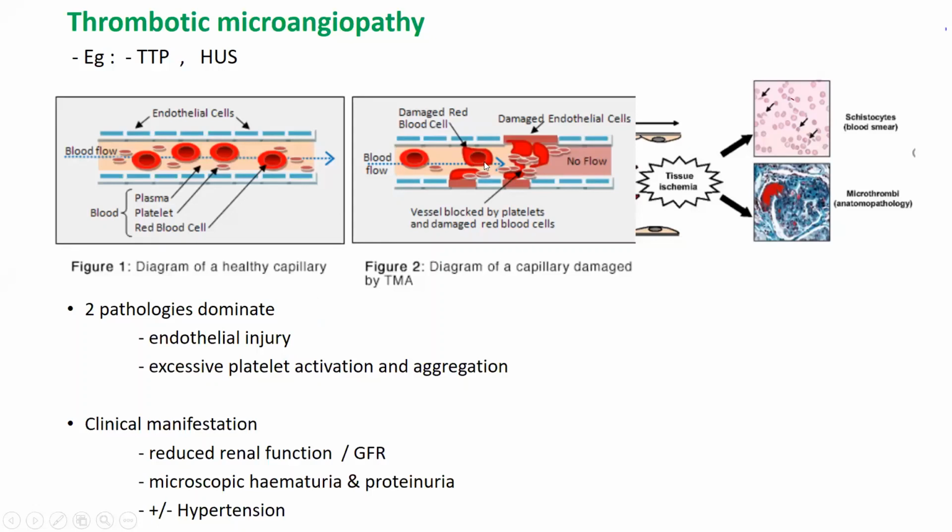So you call it thrombotic microangiopathy, and you can imagine when these blood vessels get blocked with these clots, the blood supply distal to that is going to get cut off. So all the tissues that are being perfused beyond that get affected. Thrombotic microangiopathy commonly affects kidneys because the blood supply is so much and you have very small blood vessels within the kidney. It can very easily get affected. And clinically, this can manifest as reduced renal function or GFR, hematuria, and hypertension.